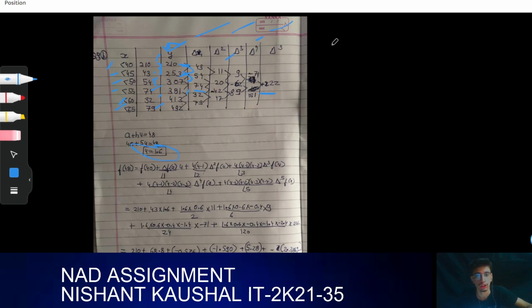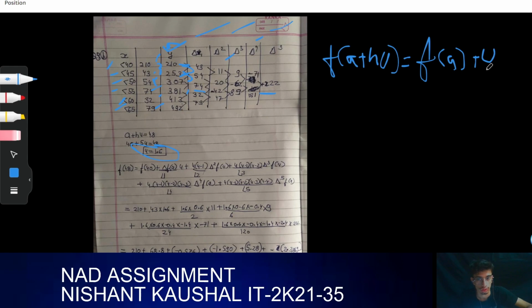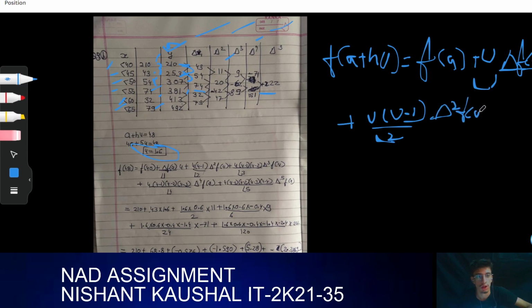So as we know, f of a plus hu is equal to f of a plus u into del fa upon factorial 1 plus u into u minus 1 upon factorial 2 into del square fa and so on.